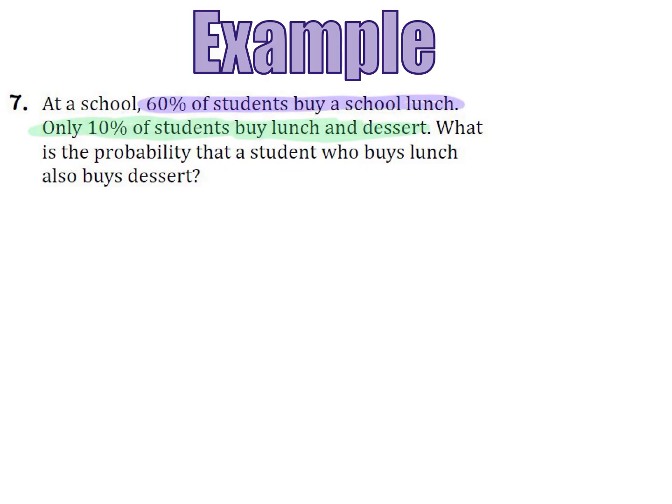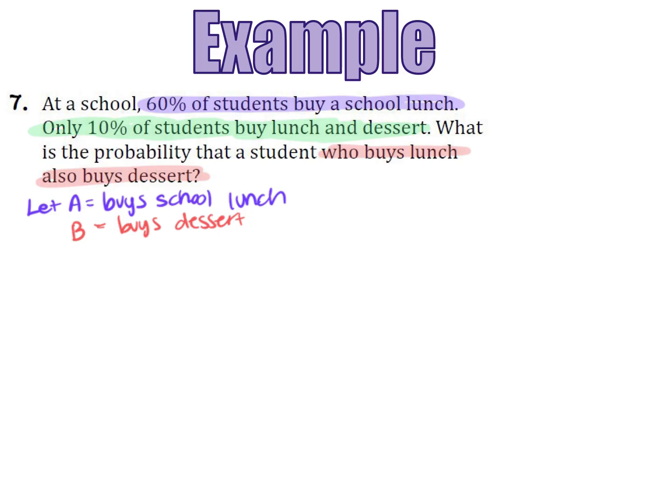At a school, 60% of the students buy lunch, 10% of the students buy lunch and buy dessert. What is the probability that a student who buys lunch also buys dessert? So I'm going to define some things as A and B here to make our lives easier. I'm going to let A be that a student buys school lunch and B be that someone buys dessert.